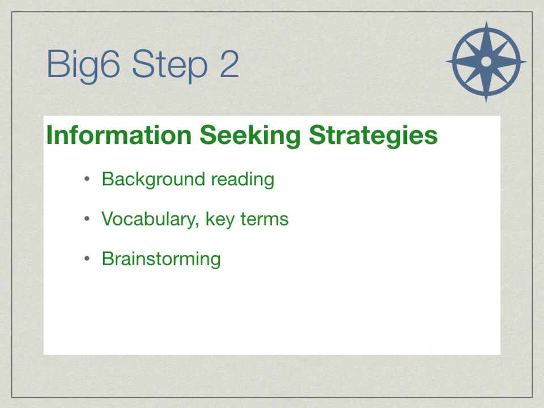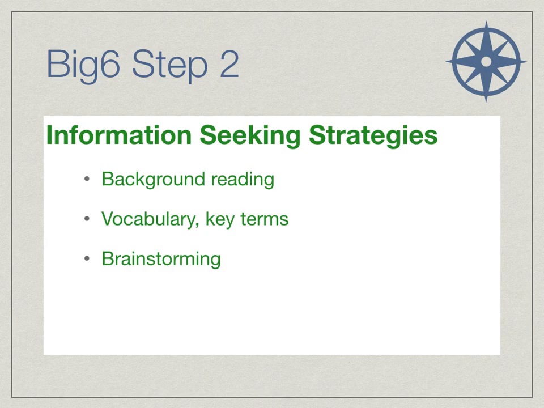So step two. Step two is where you work on your information seeking strategies. This is a really important step because you can think about what sources you can use, and it's important to brainstorm as many sources as possible, and where's going to be the best places to find that.